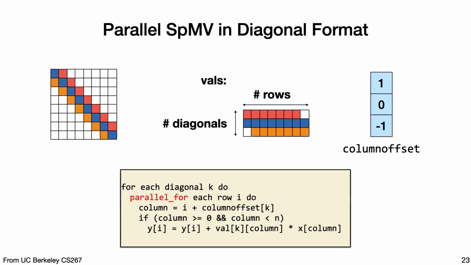Now we can just do column is row ID plus column offset of k, which is which diagonal we're doing. That will give us, with some check that this is a valid number, then you can just directly compute the dot product like this. The value is like this, k is the row, column is which column ID you're in, times x of that column. So we do the dot product.